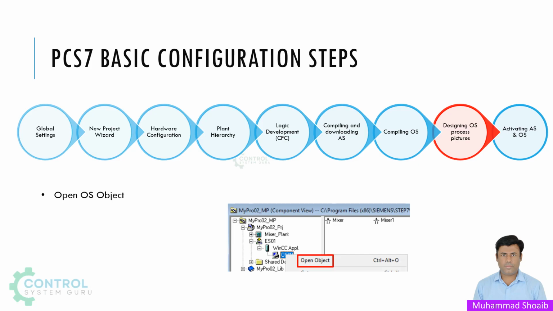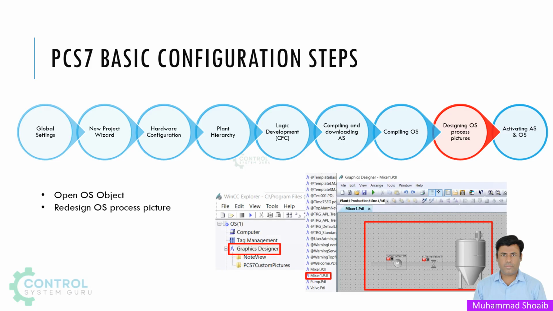After that we'll open the OS object, and once WinCC Explorer opens, you have to select the graphic designer. Then mixer one, as I showed you, is in the level 4 hierarchy.